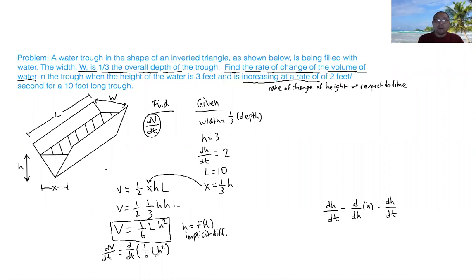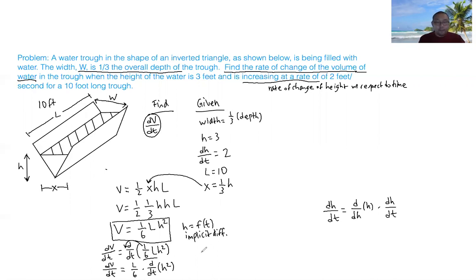L represents the length of your trough, which was given at 10 feet. So that's a constant, that's just 10. So you can take both your constants and move them out in front. So at this point, you have dv over dt is equal to L over 6 multiplied by the derivative with respect to time of h squared.